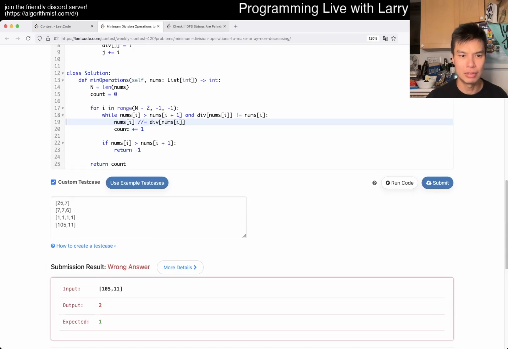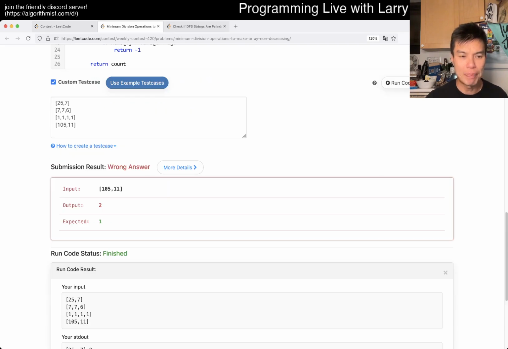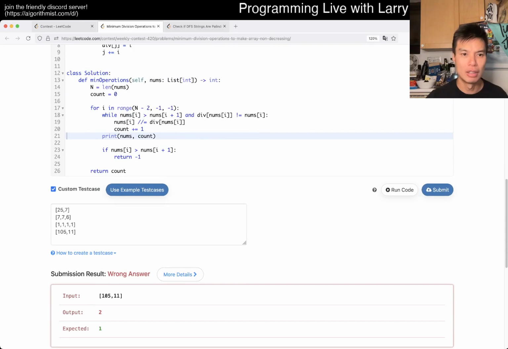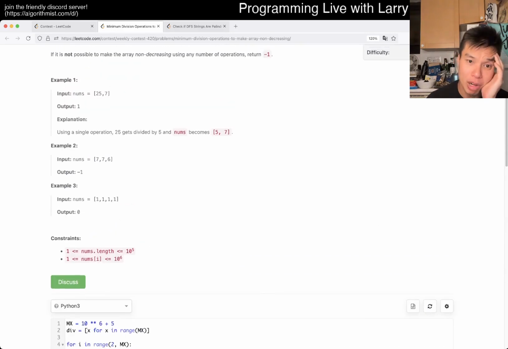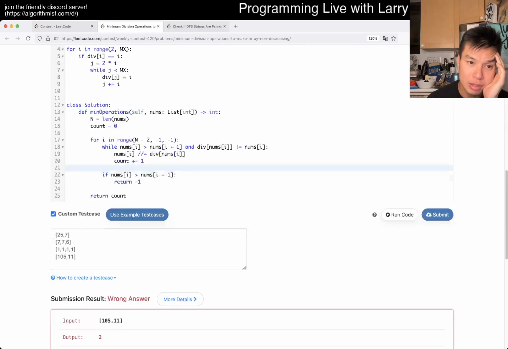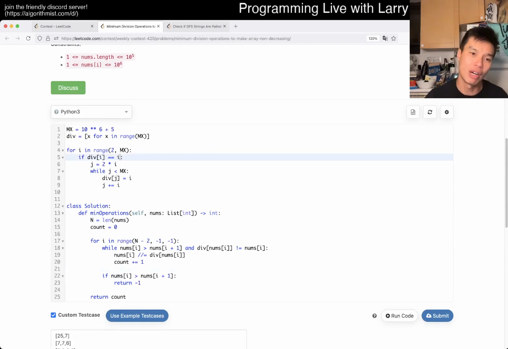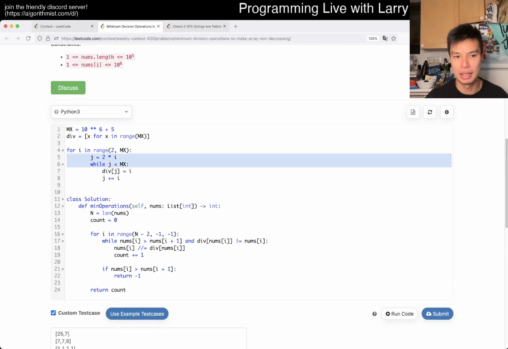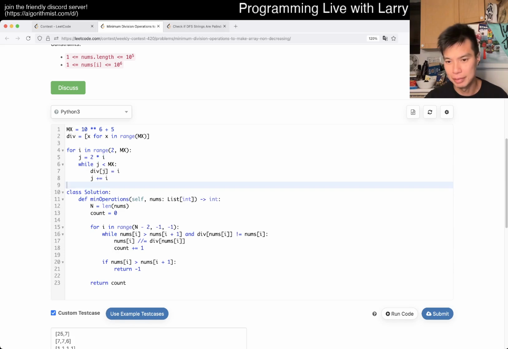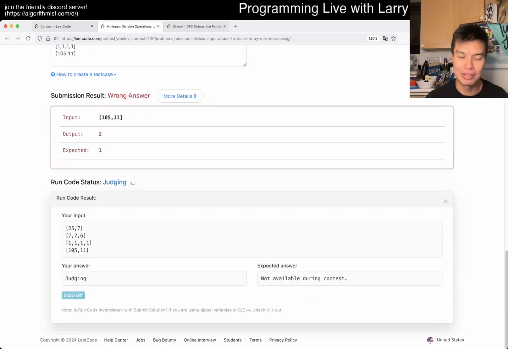So isn't this 2? Oh, I put 2, but it's expected as 1. Oh, divisor, not the prime. Do I not do that? Oh, I only check this if it's prime. Oh, you silly Larry. Whoops. Why would I only do it that way? Okay.